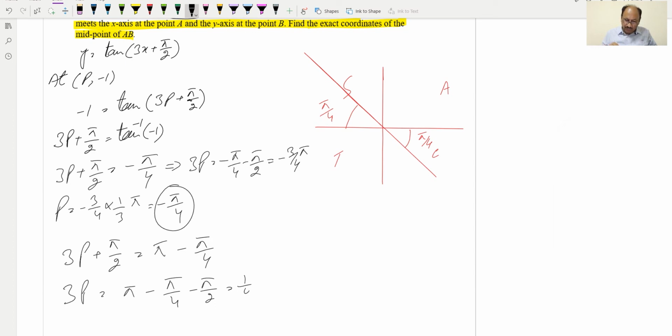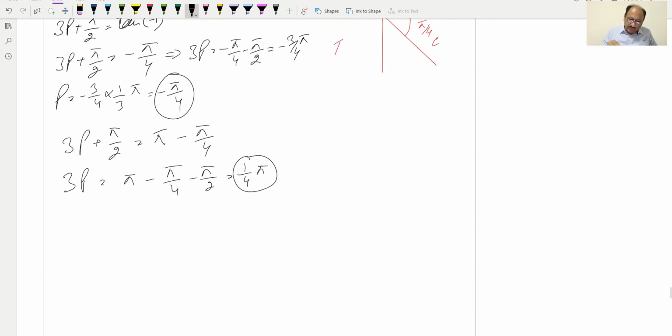So 1 by 4 pi. Basically this is 3 pi p value, so p will be equal to 1 over 12 pi, or pi by 12. So these are the two p values.